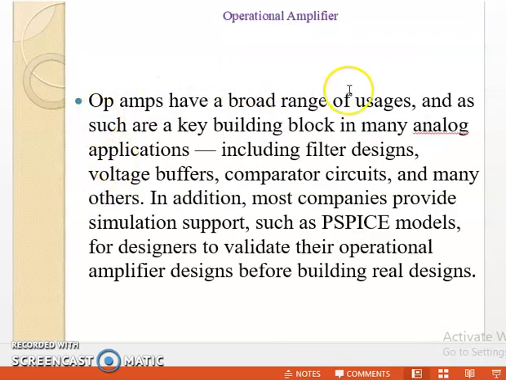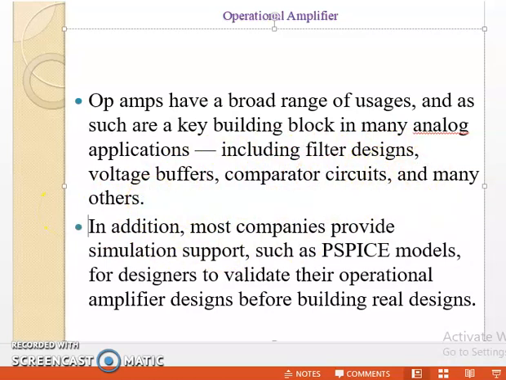Op-amps have a broad range of usages and as such are a key building block in many analog applications, including filter designs, voltage buffers, comparator circuits, and many others.